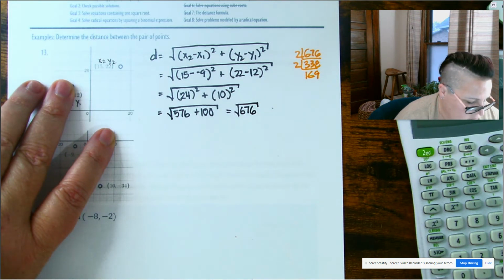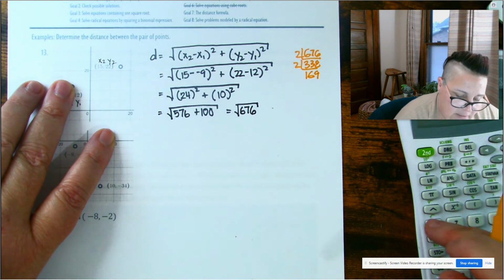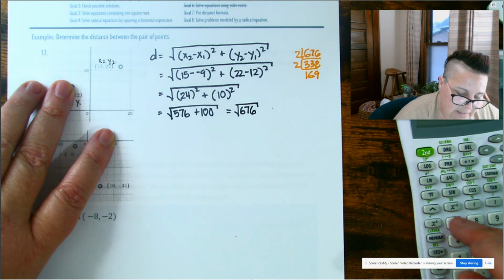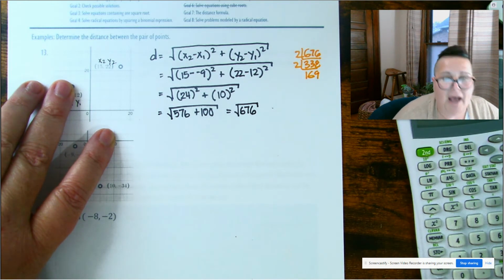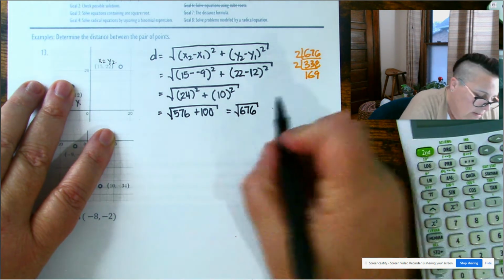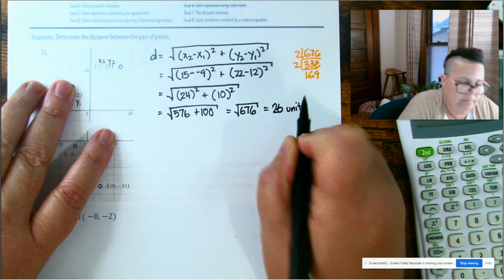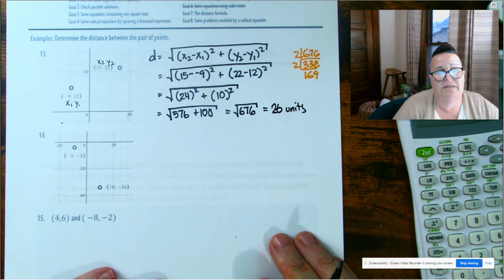That's 13. I didn't think that worked, but maybe it does. Square root, let's try 676 as a number. What am I getting? Oh, it was a perfect square. So this is going to be 26 units. So that's going to be 26 units, the distance between those 2 points.